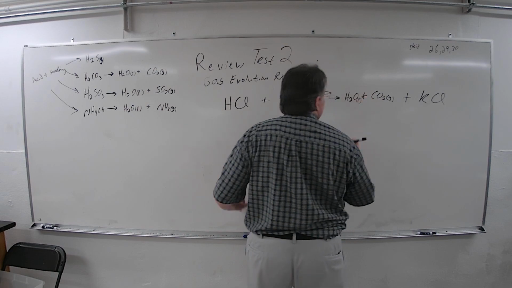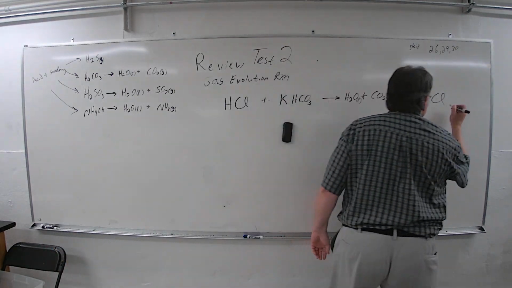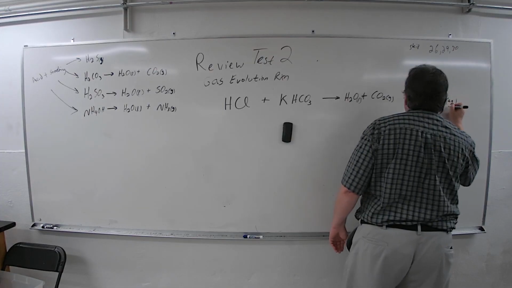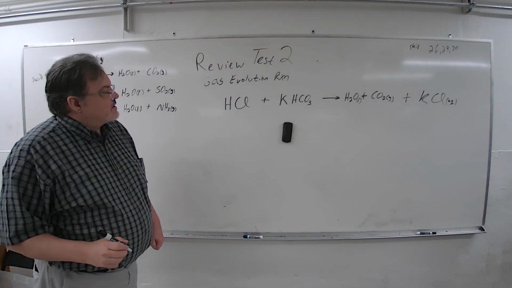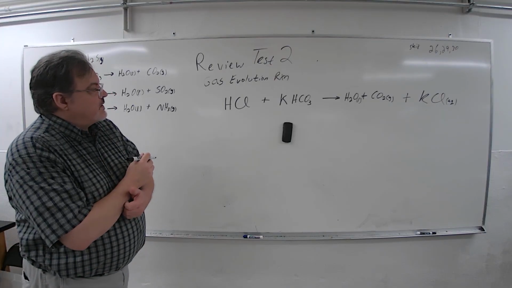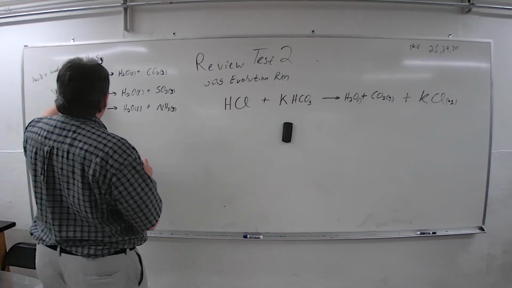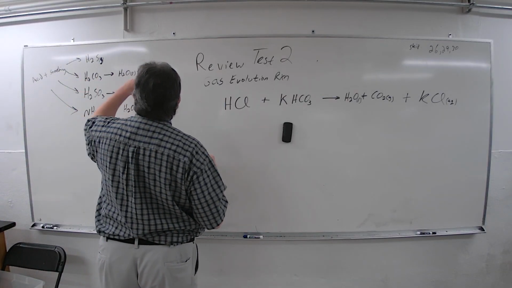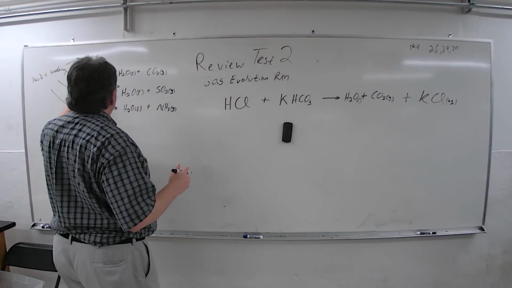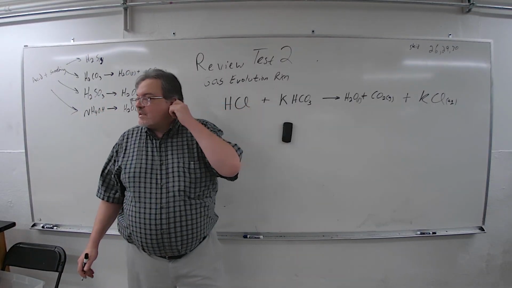That's a liquid. So that's actually the products here. Is it balanced? Yeah, it's balanced. You're just recognizing one of these as a product, and then you go, oh, okay, that breaks down into these two things. So I've replaced this with these two things. Gas evolution.